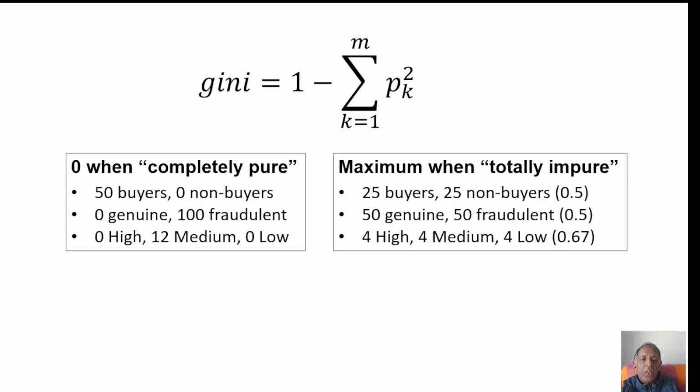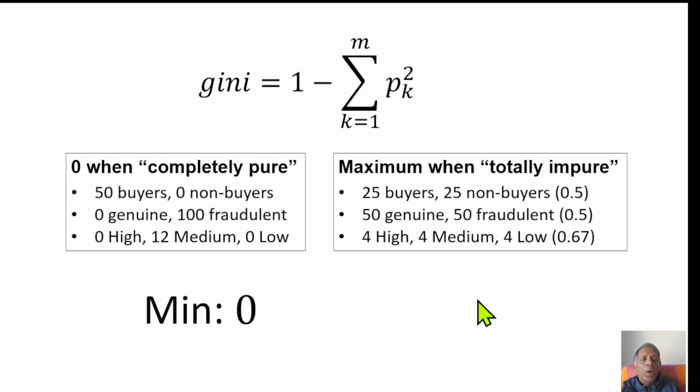In each of these pure cases, the Gini index would be exactly 0. Why? Because it's 1 minus P1 squared, P1 is 1, P1 squared is 1, all the others are 0, so it's 1 minus 1, it becomes 0. So when a node is completely pure, the Gini index will be 0.